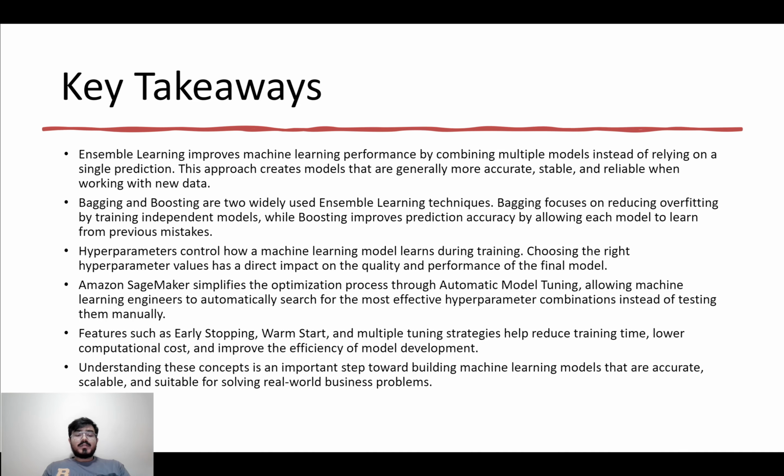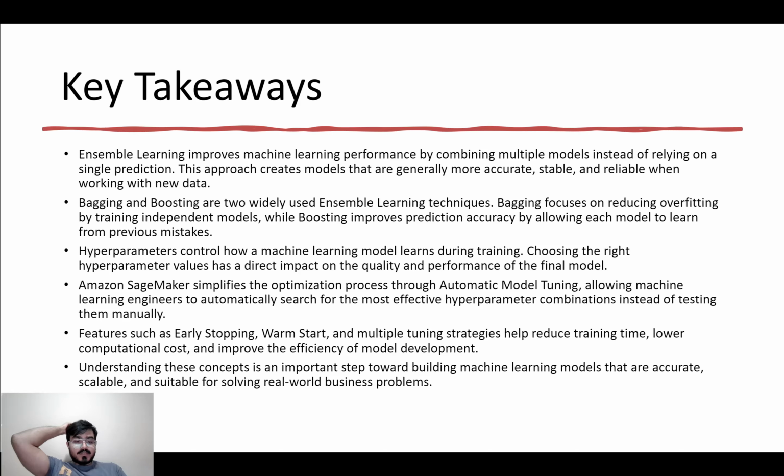So before we finish, let's review the main points from today's presentation. We learned that ensemble learning improves machine learning performance by combining multiple models instead of depending on only one. Bagging trains models independently to reduce overfitting and improve stability. Boosting trains models sequentially so that each model learns from previous mistakes, helping improve prediction accuracy.